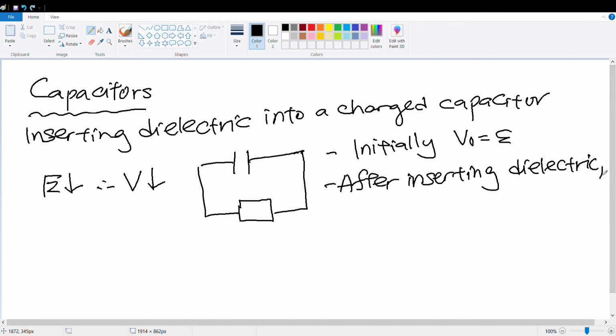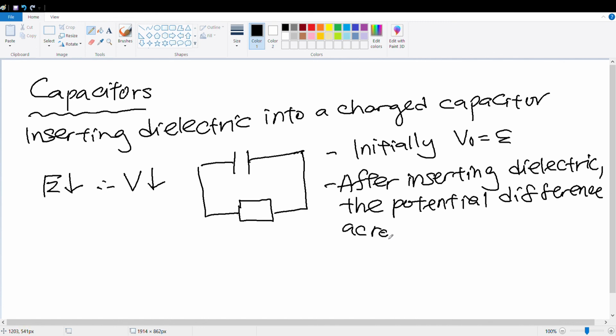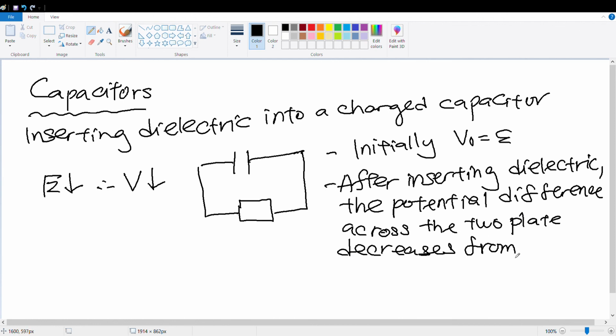So I can conclude that finally the potential difference across the two plates decreases from E to V.